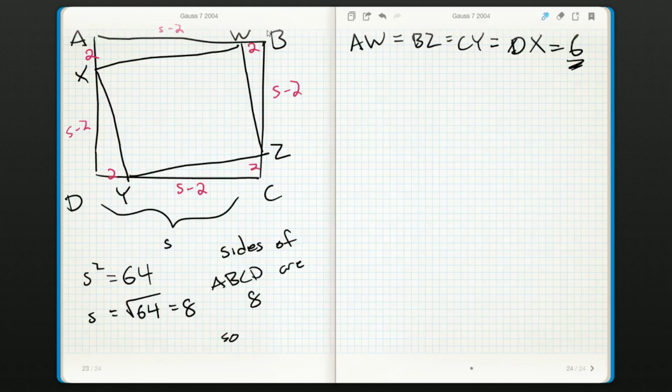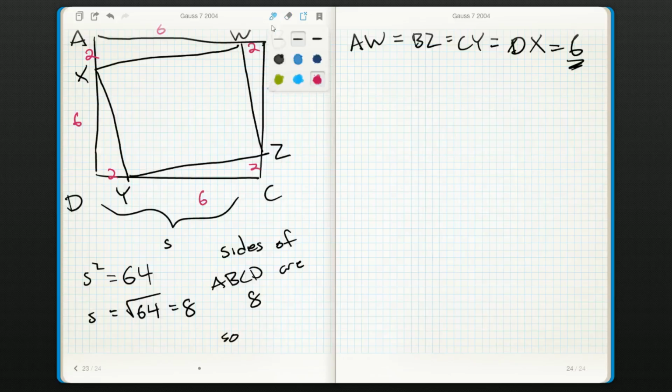So we've got 6's here. So we can get rid of this S minus 2 and put 6's in here. And then we sort of have 2 options as I see it. We can note we've got right angles, because it's a square.